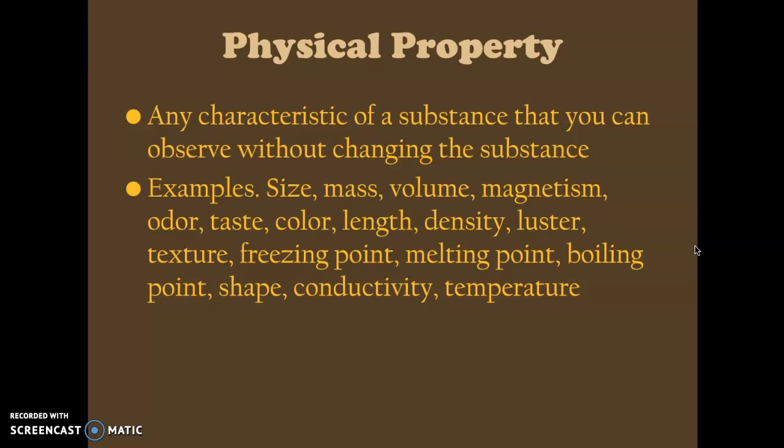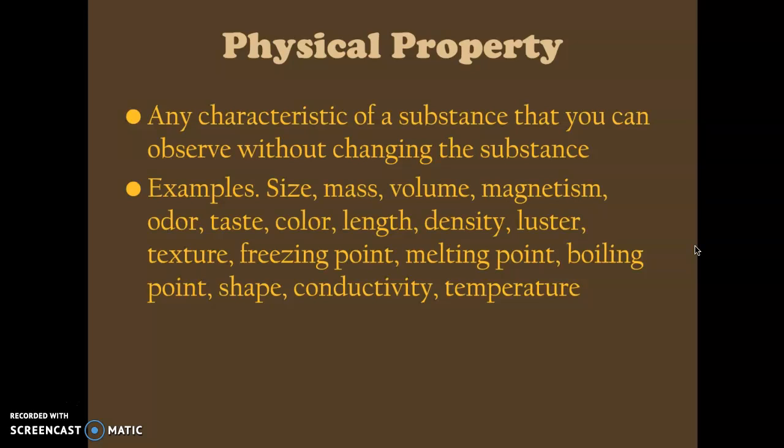We're going to start with this thing called a physical property. We're going to start with a couple definitions. A physical property is something you can measure or something that you can observe, and it doesn't change the substance at all. And then there's that big, huge list there. Size, mass, volume, magnetism, odor. We can keep going and going.